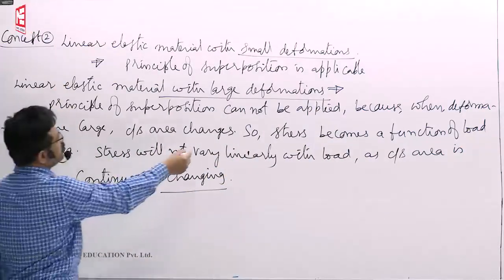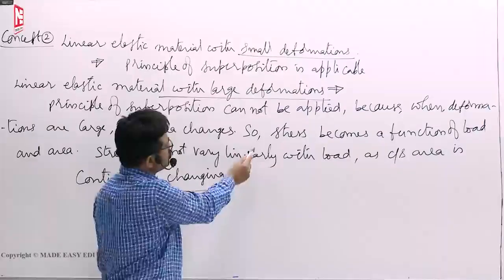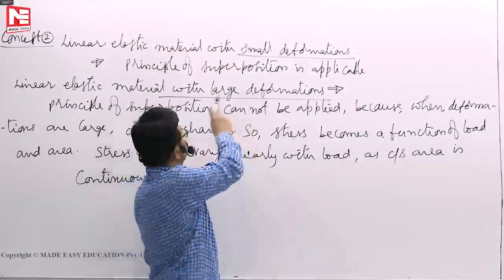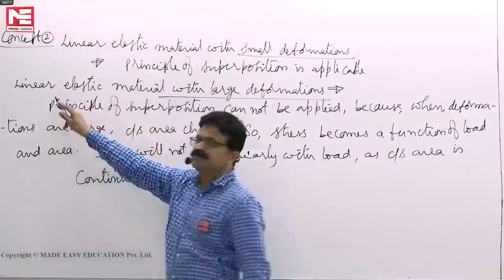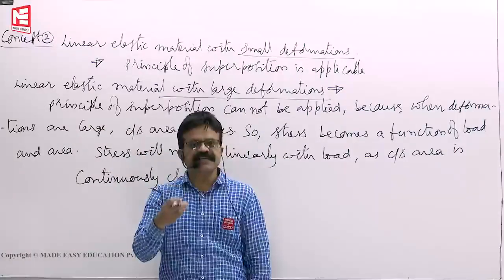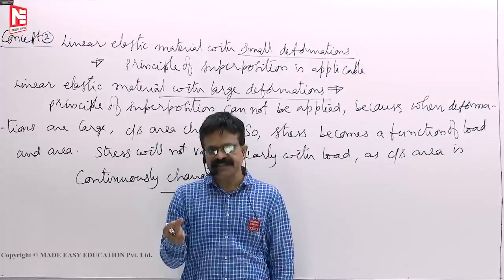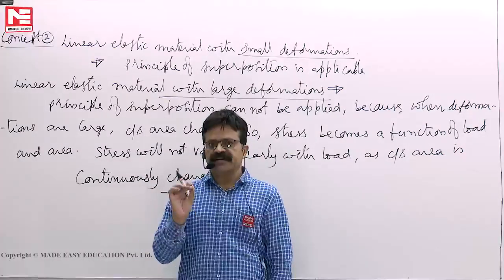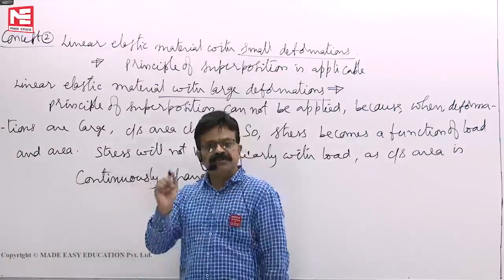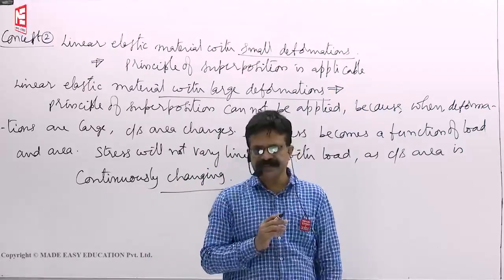So accordingly, this means geometric non-linearity. Linear elastic means the stress-strain curve is linear, but because of the large deformations, geometry changes, then non-linearity will come. So you have two types of non-linearities.